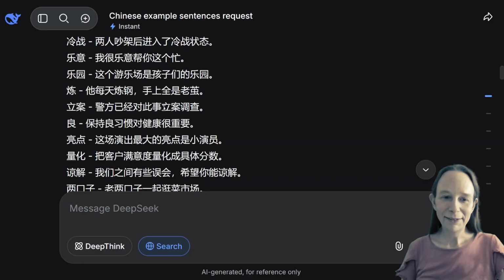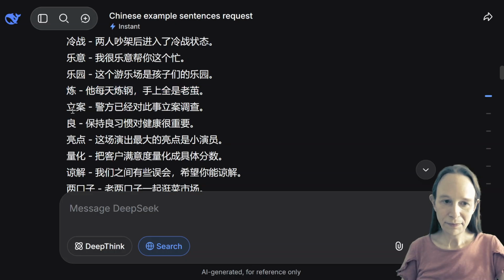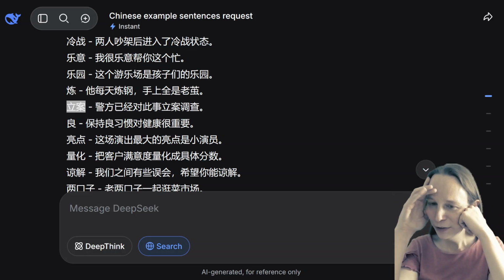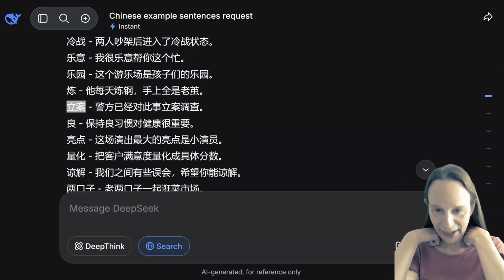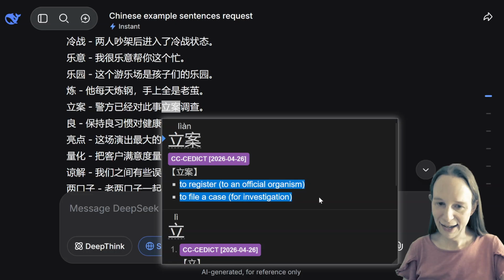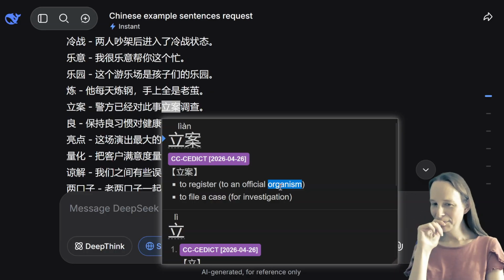Oh, all right. We're now all experts on 练. 练. Li An. So we saw 立法. I presume 立案 is to enact a certain 案. Something like this. 警方已经对此事立案调查. Register. An official organism?